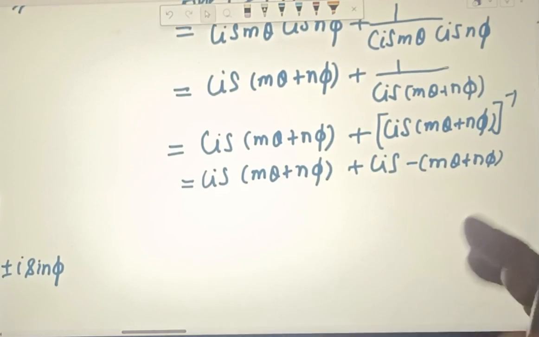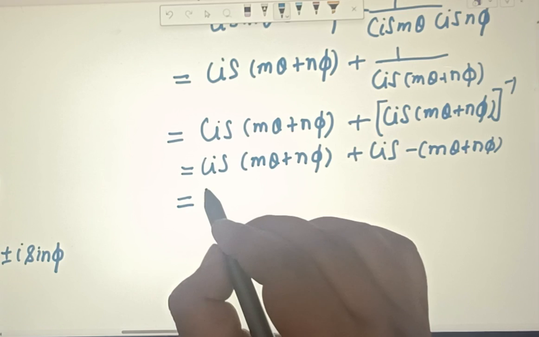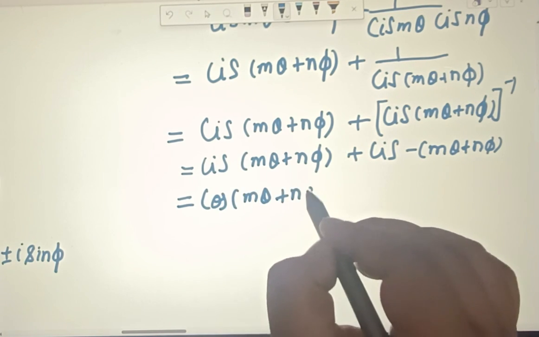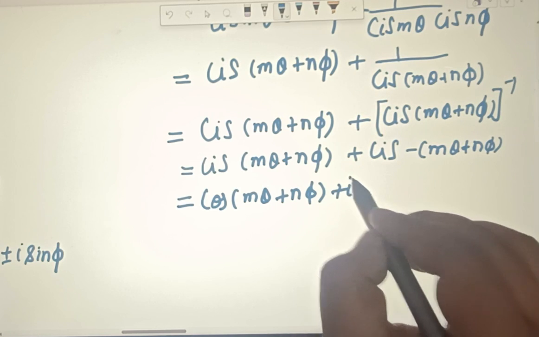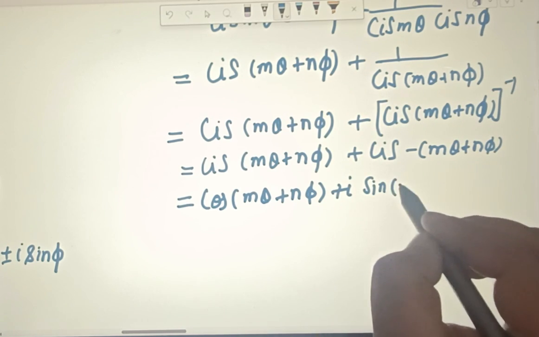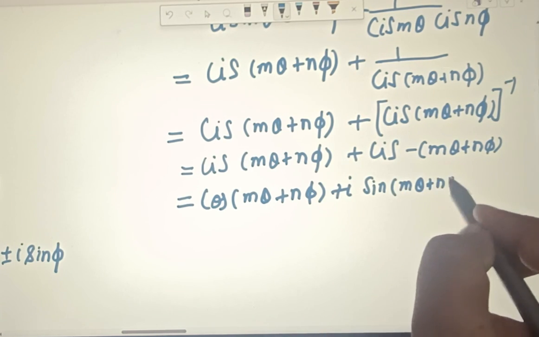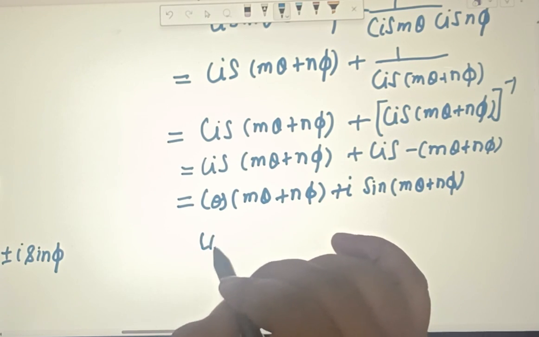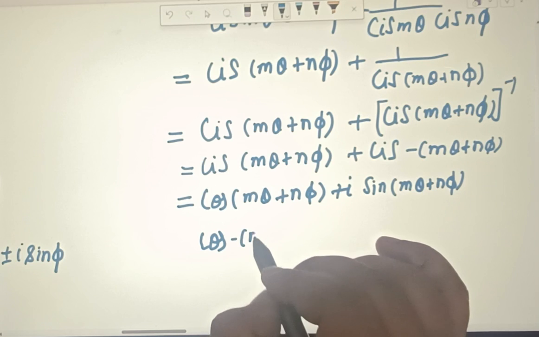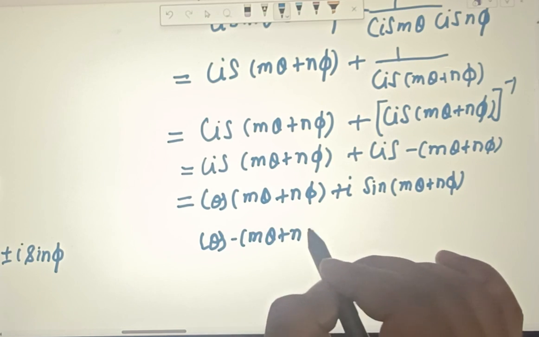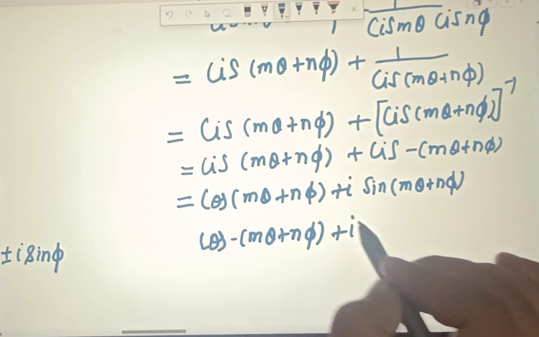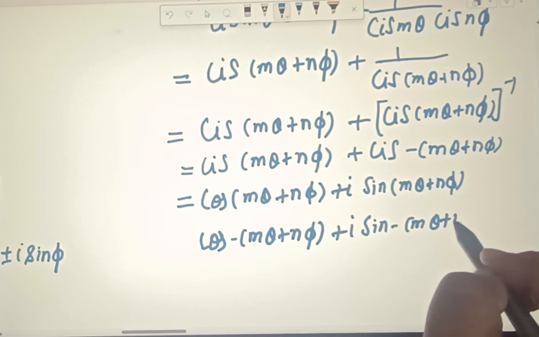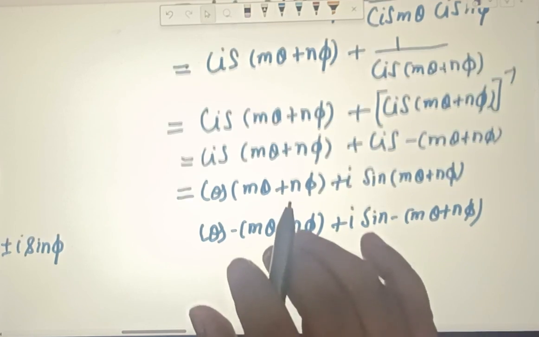So now expand in terms of cos and sine. You will write cos(m theta plus n phi) plus iota sine(m theta plus n phi). Steps are very simple, okay. Similarly for cos(minus(m theta plus n phi)) plus iota sine(minus(m theta plus n phi)), okay. Again apply the property.